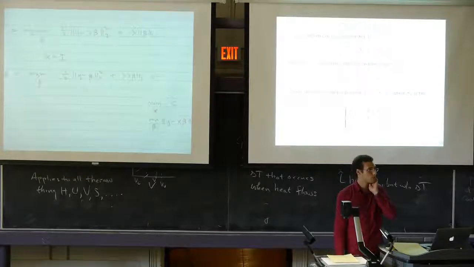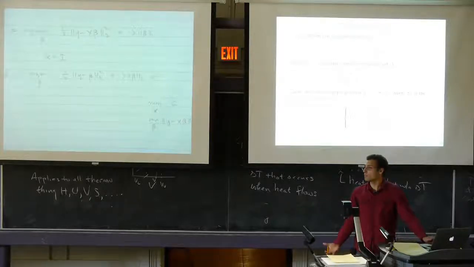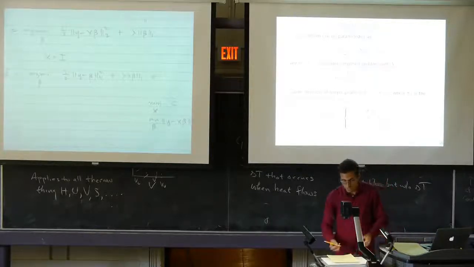I'm not sure we covered this. I thought we did. I did cover it in the recitation. So if the criterion is strictly convex, then it always has a unique minimizer. We learned what strictly convex was.